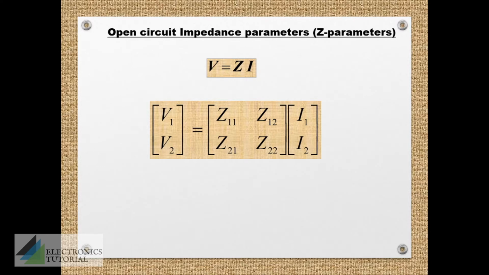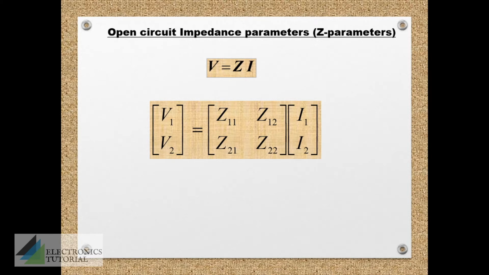And similarly, other than using a simple term for I, we are using I1 and I2. In matrix representation, we need to detail the Z positions as Z11, Z12, Z21 and Z22.